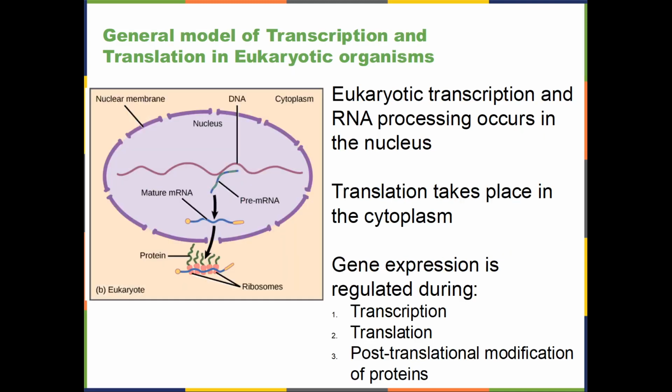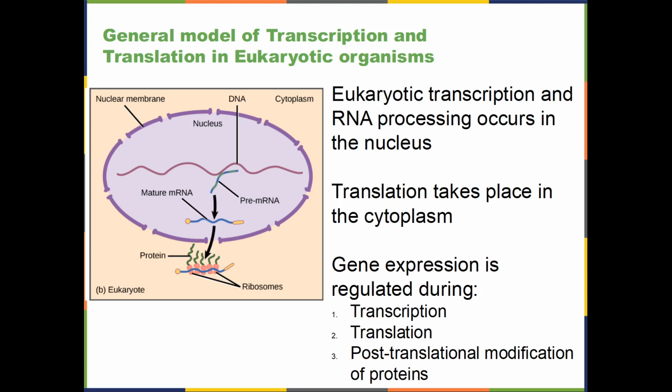Now, eukaryotes are different, right? That's us. Plants, animals, fungi, the big multicellular organisms. Eukaryotic transcription and RNA processing occur inside the nucleus, right? So the DNA is inside the nucleus, if you remember that. We have to go inside the nucleus to transcribe it into RNA.